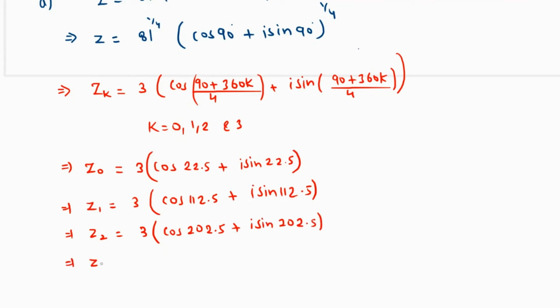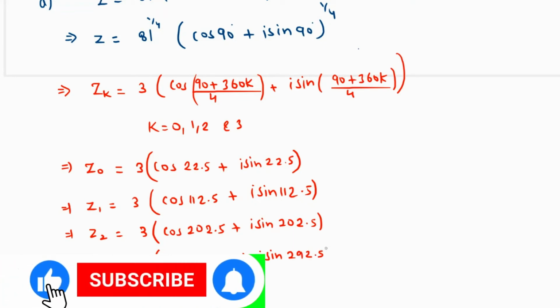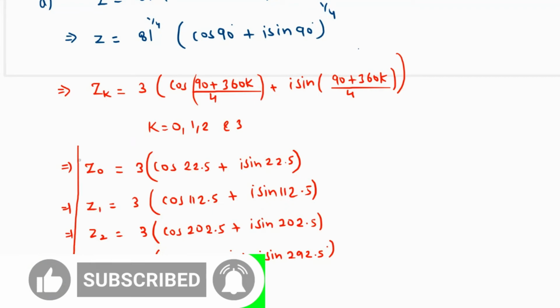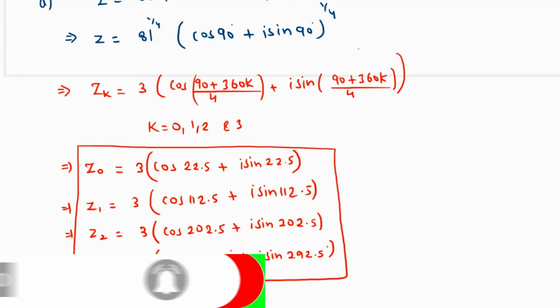And finally, if k is 3, we add 90 once again to get 292.5, so cos of 292.5 plus i sine 292.5 degrees. So these are the 4 roots, all in polar format.